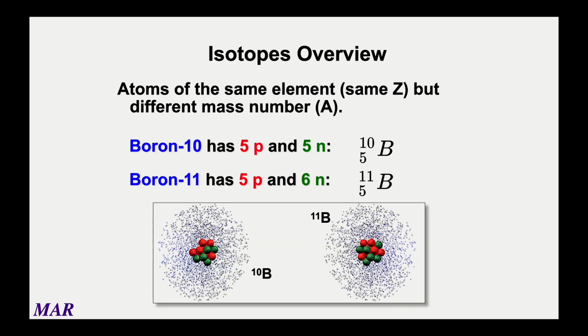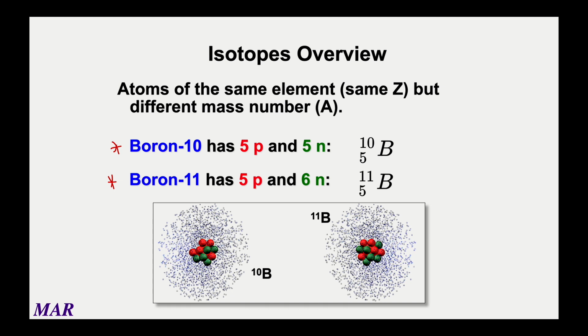So as an overview, all of the atoms on the periodic table will exhibit more than one isotope. And here's an example of boron. Boron is mostly boron-10 and boron-11. And again, the difference between them is not the number of protons, because boron anything is going to have 5 protons. The difference comes from the mass number. So it doesn't have the number of neutrons explicitly.